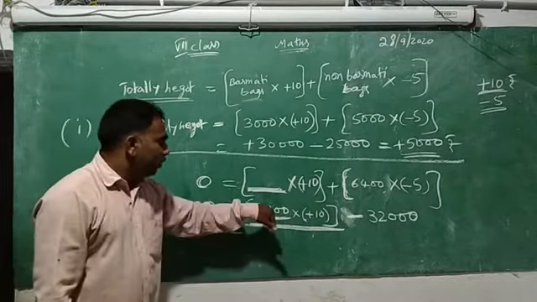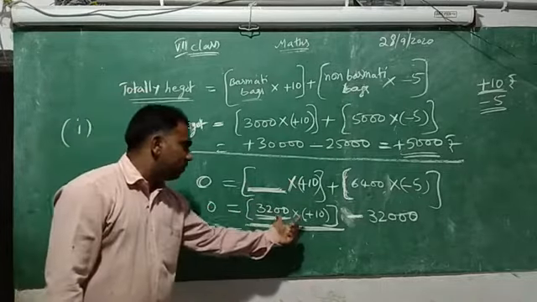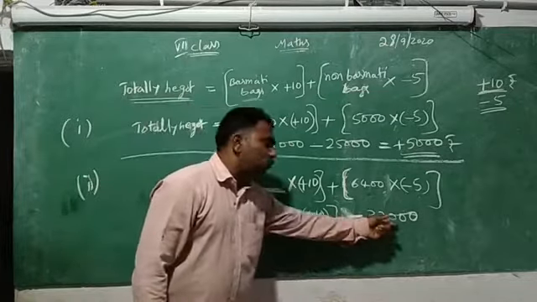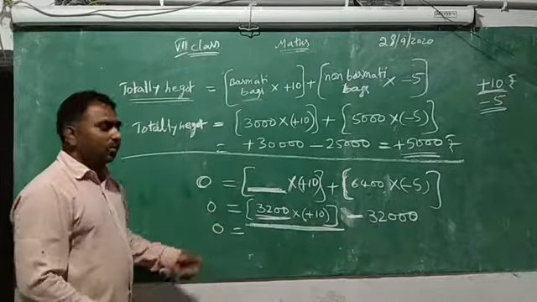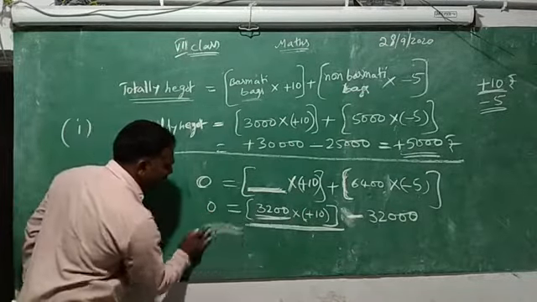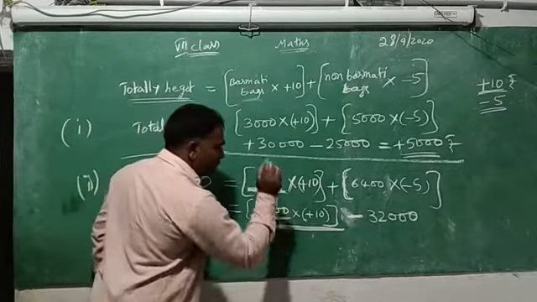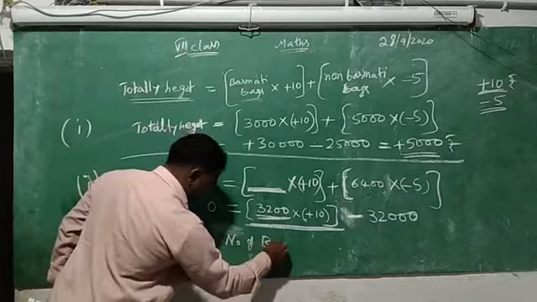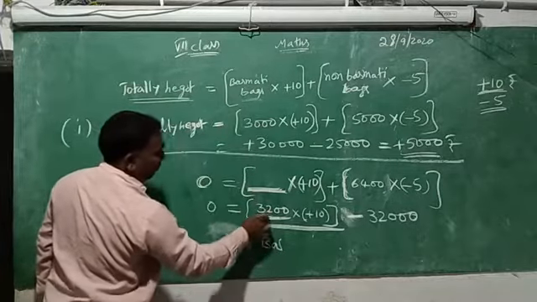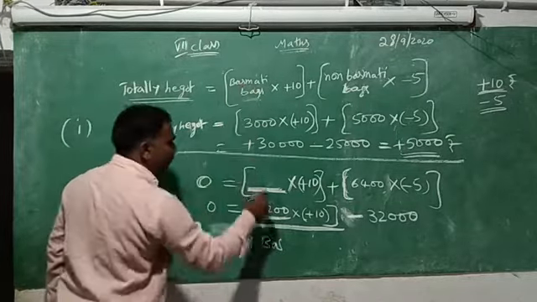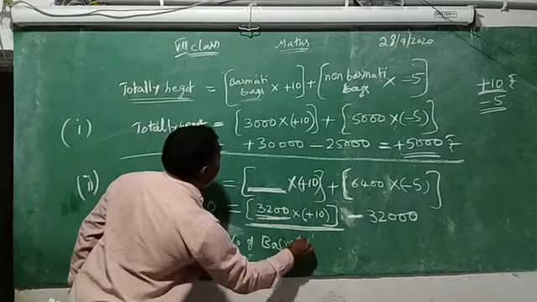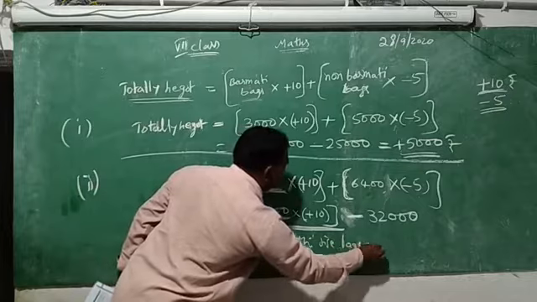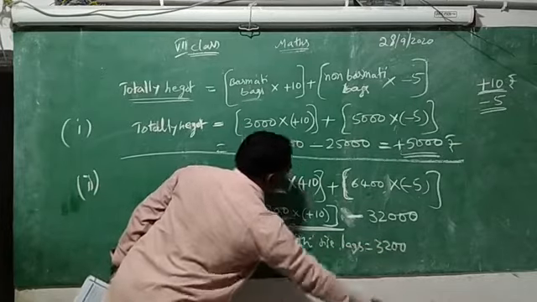So now if you keep 3200 here, this is becoming 32,000, and 32,000 minus 32,000 will become 0. So in this dash, 3,200 will come. What is this 3,200? Basmati bags. That's why the number of basmati rice bags is equal to 3,200.